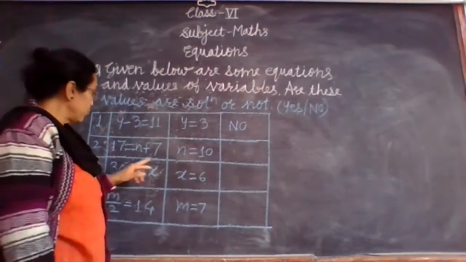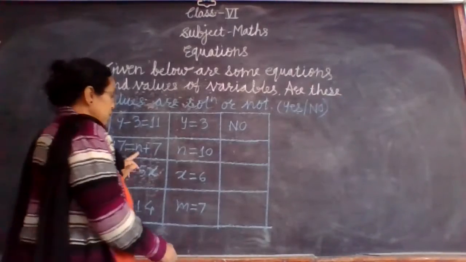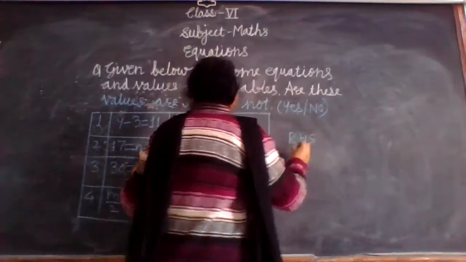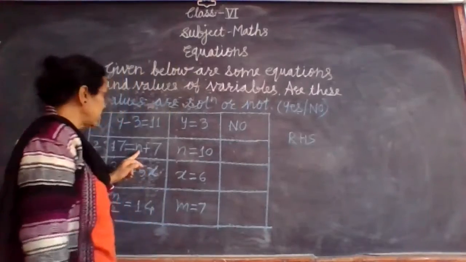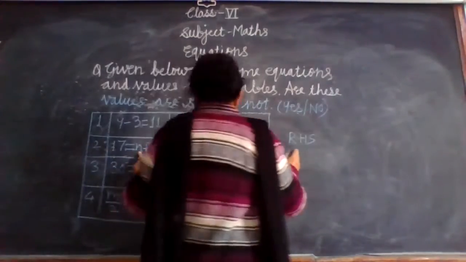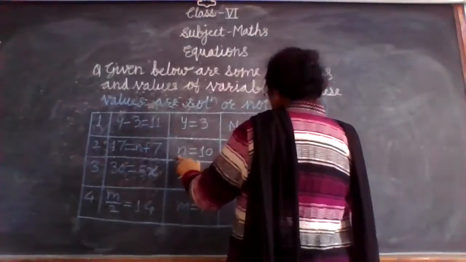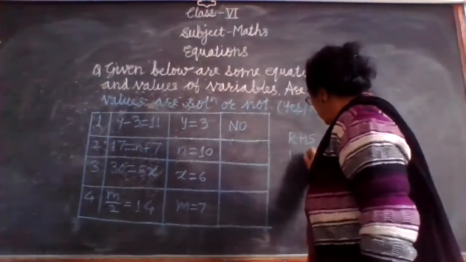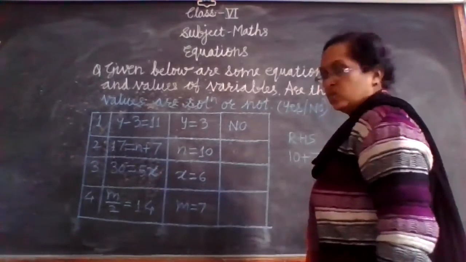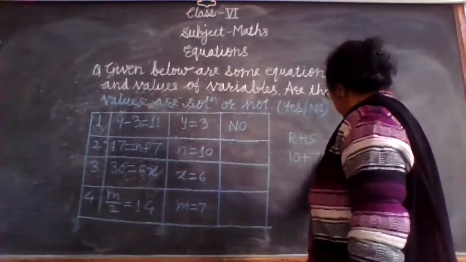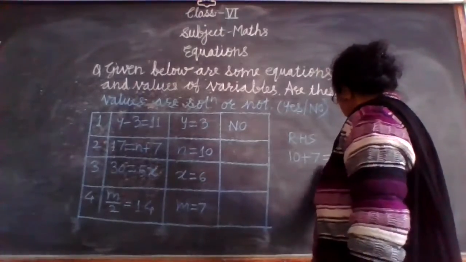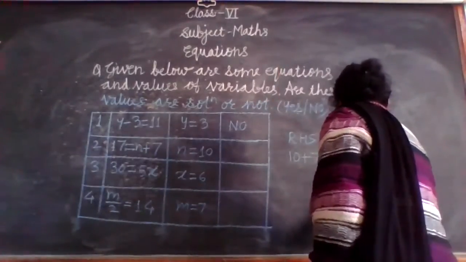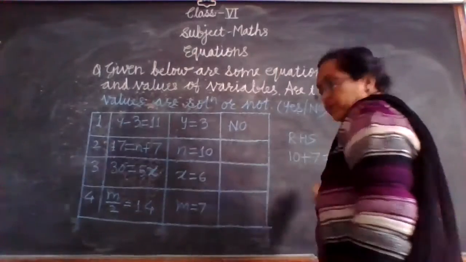If I put 10 instead of n in the right hand side, I write 10 plus 7. So it comes out to be 17, which is equal to the left hand side of the equation.